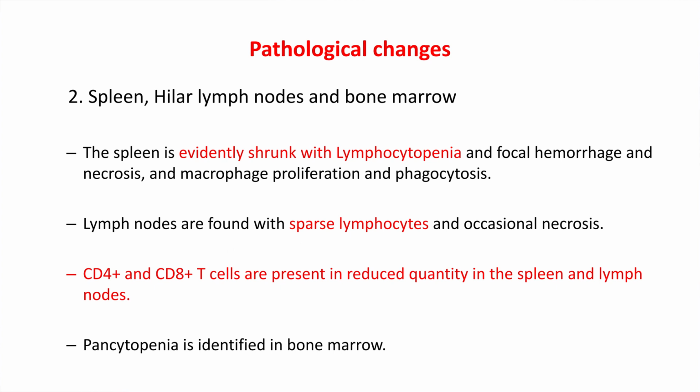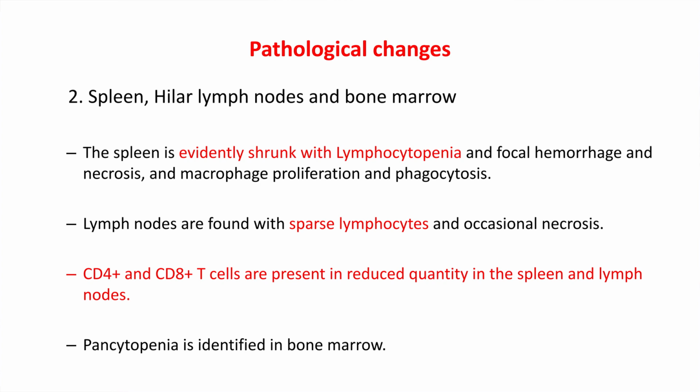There are other findings that show the spleen, the lymph nodes, and the bone marrow were damaged by the virus. The spleen is evidently shrunk with lymphocytopenia and focal hemorrhage and necrosis, and macrophage proliferation and phagocytosis.